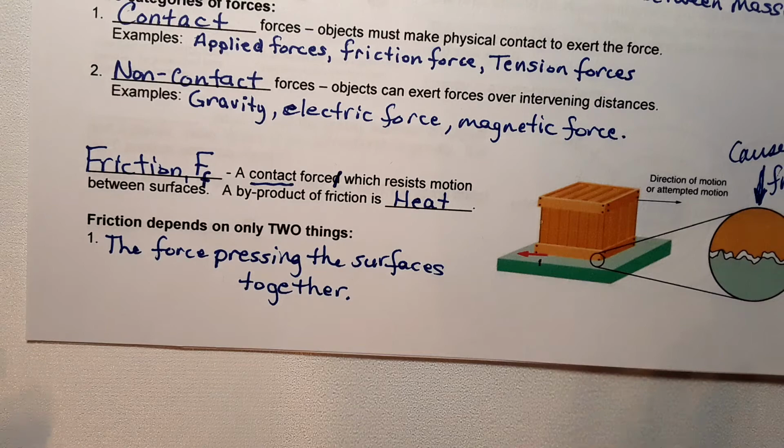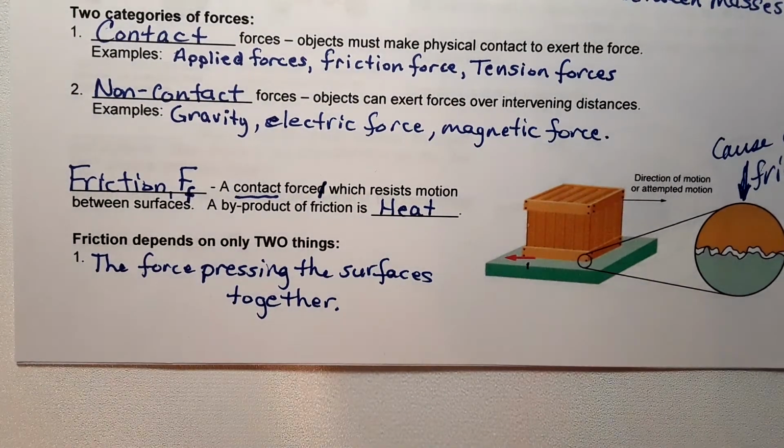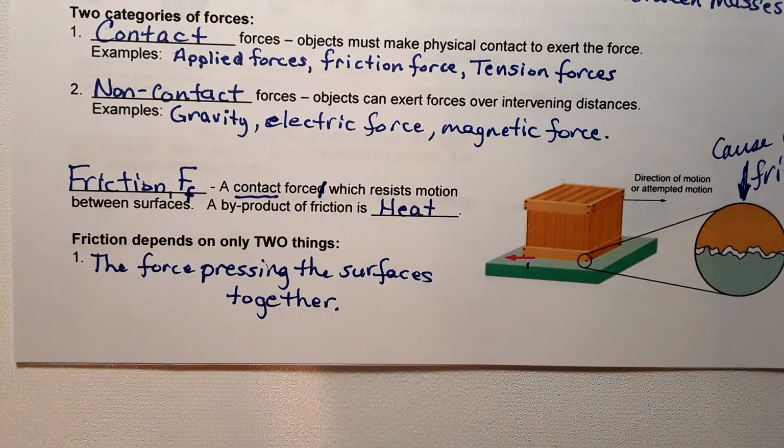Now in physics, we call that normal force. But for our purposes, we'll just call it the pressing force. In fact, most of the time, the pressing force comes from the weight of the object pushing down on the surface. All right?